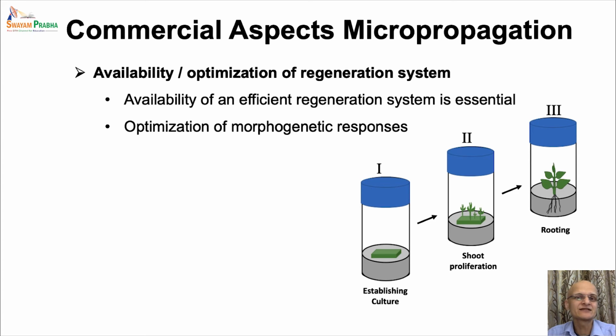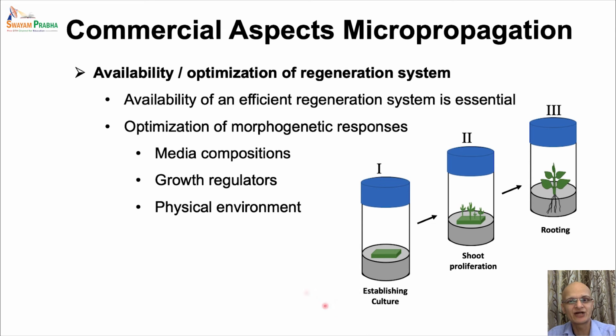Further, there isn't one media composition that would work for all the species, and therefore selection of the right composition of the culture media is very important for establishing successful in vitro cultures.